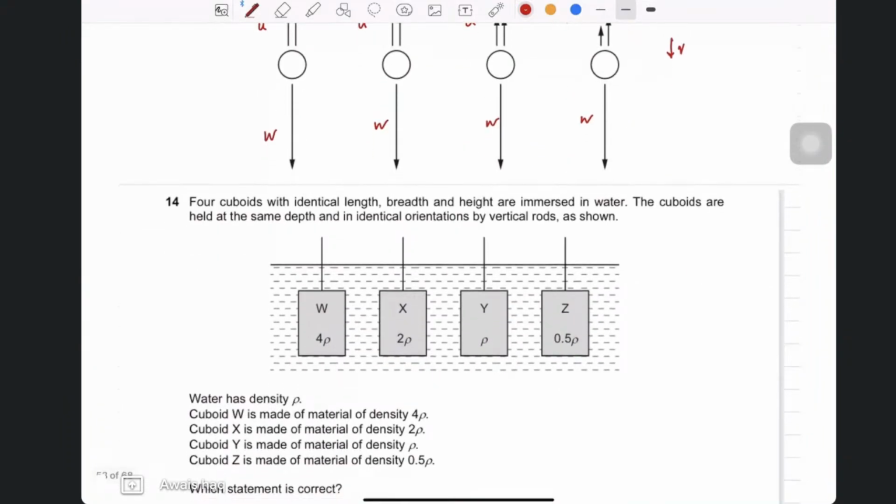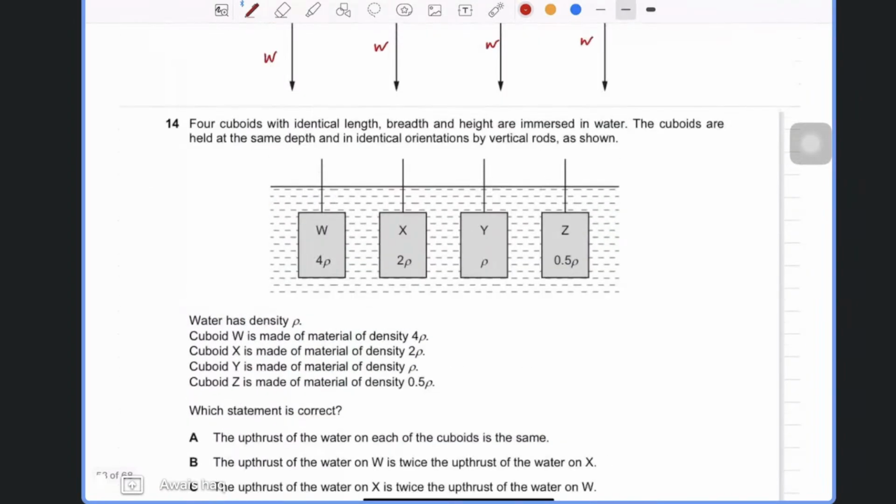Alright, so this question is pretty easy. I will leave this, so it just looks hard. You just need to find the weight, and you don't even need to do anything in this question, just use a little bit of your brain. And you will find the answer.